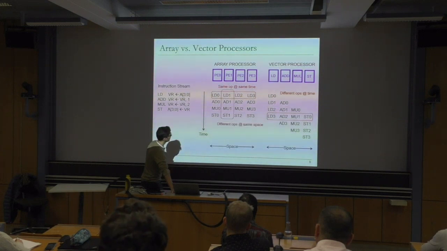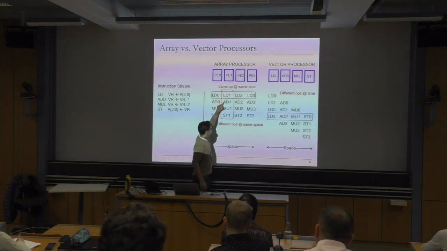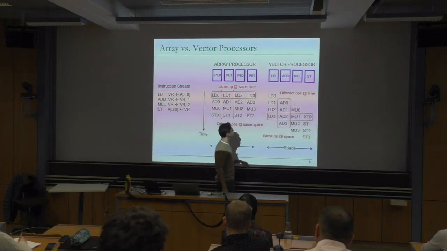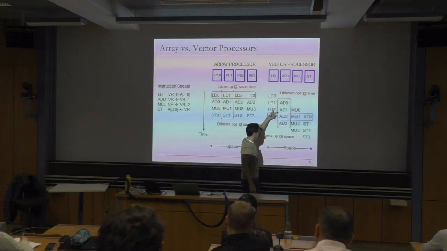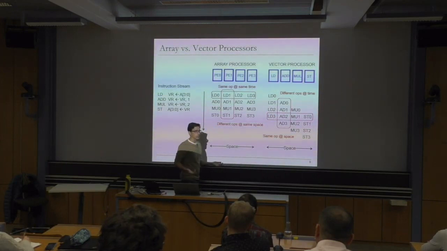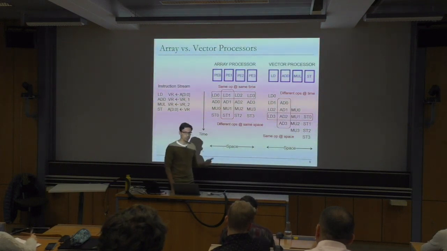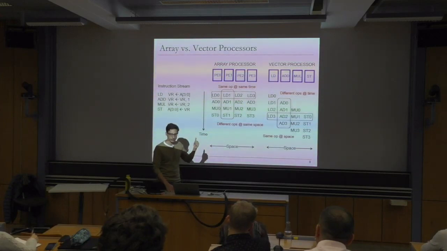If we talk about the space, then we have different operations in the same space, in the same processing element. In the case of the vector processor, we have the same operation on the same processing element. Okay?